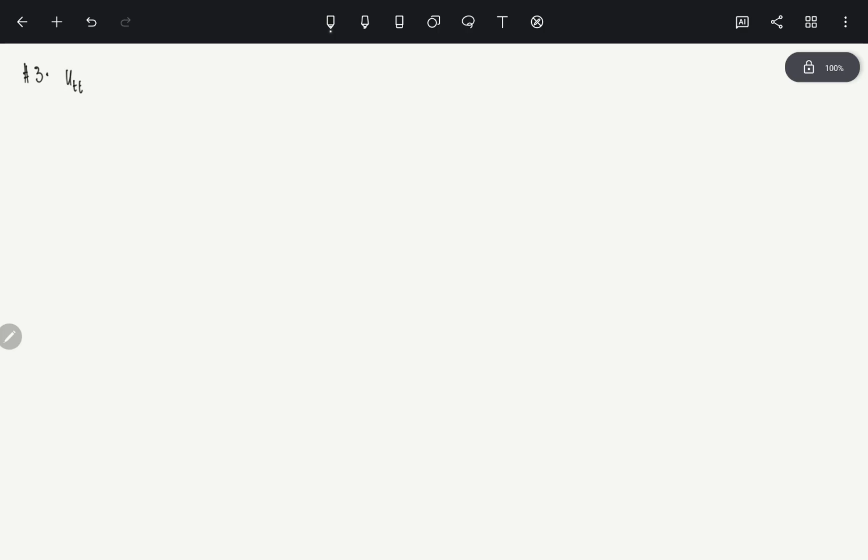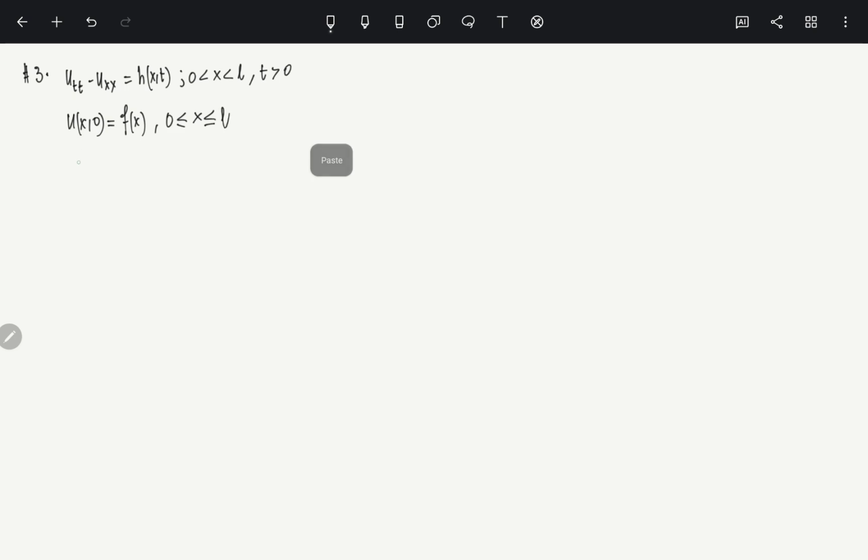Okay, utt minus uxx equals h of x,t, for 0 less than x less than L, t greater than 0, u of x,0 equals f of x for 0 less than x less than L, ut at the point x,0 and so on.